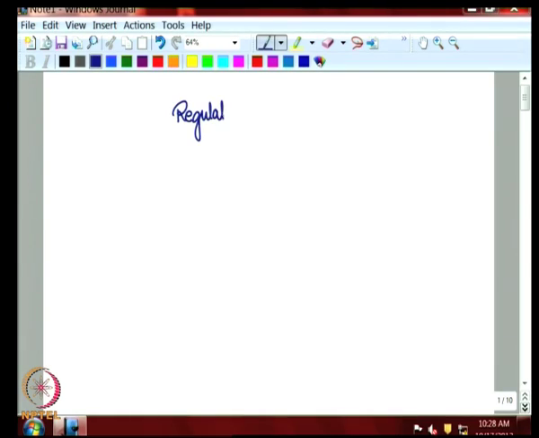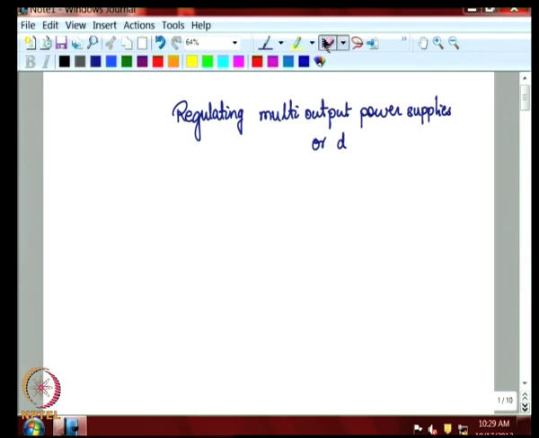And the following were some of the measures that we discussed in regulating multiple output power supplies or DC to DC converters. So, the first one which we discussed was based on the linear regulator.